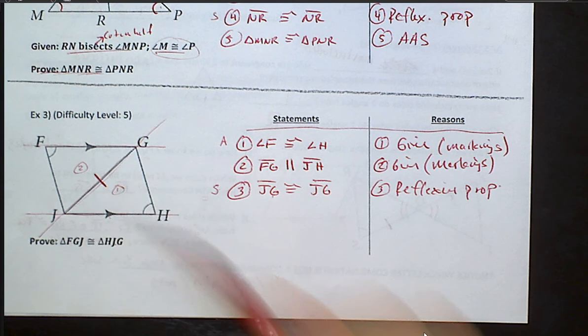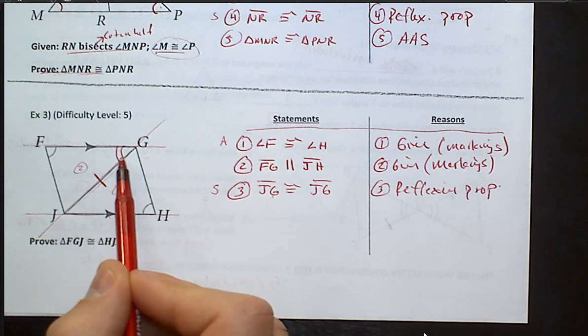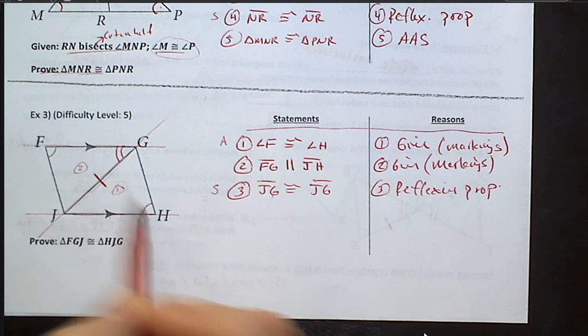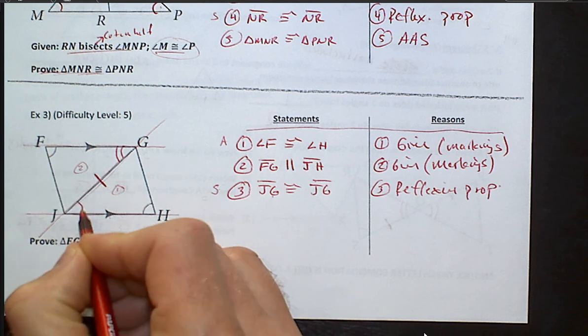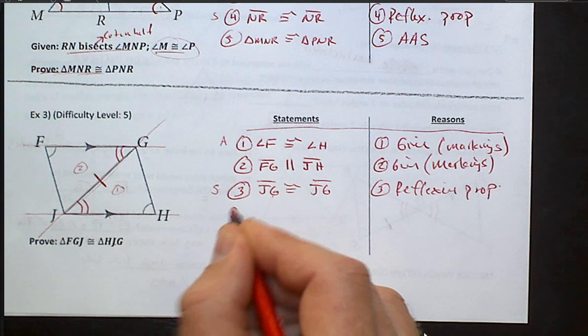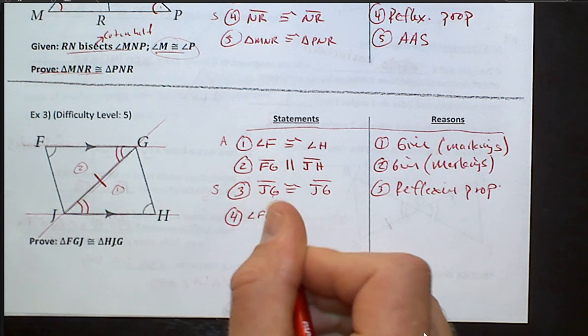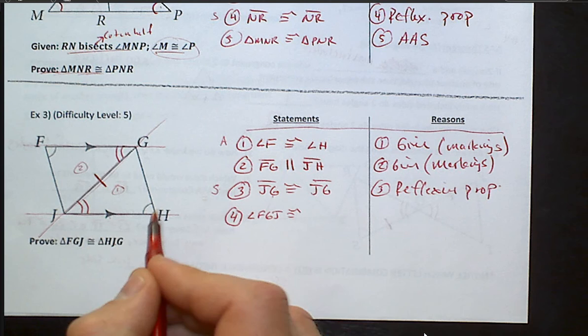Okay. So I have this angle, gets 2 tick marks. I'm giving it 2 tick marks because that already has taken the place of the 1 tick mark, and I got to differentiate between the two and that one. I know that those two angles, angle FGJ is congruent to angle HJG.